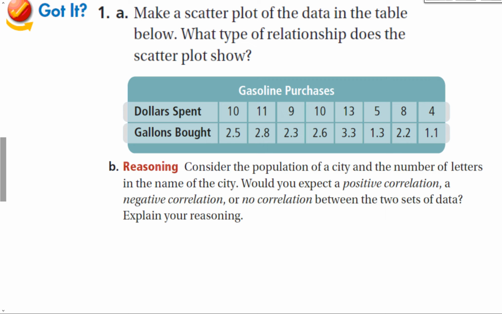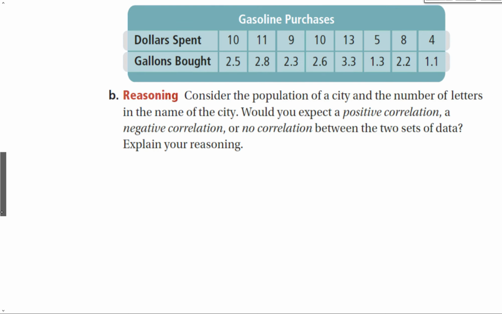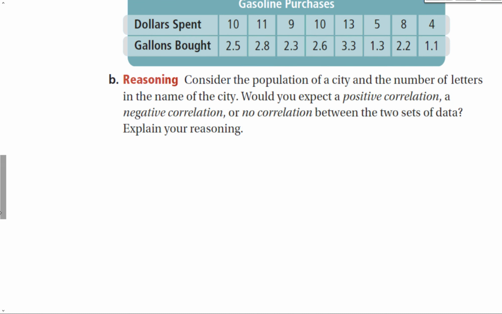Make a scatter plot. I'm going to do the same thing with this one. So let's get a little bit more room. This is gasoline. With this graph right here, I'm going to graph the amount of gas bought versus the dollars spent. Usually when you buy more gas, it costs more money, so we're going to expect this to have a positive correlation.